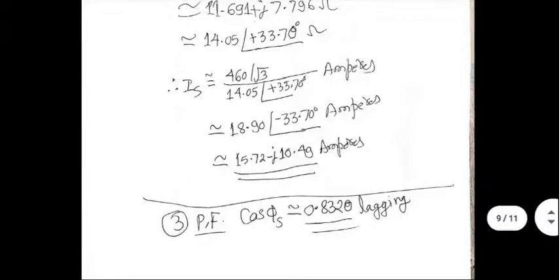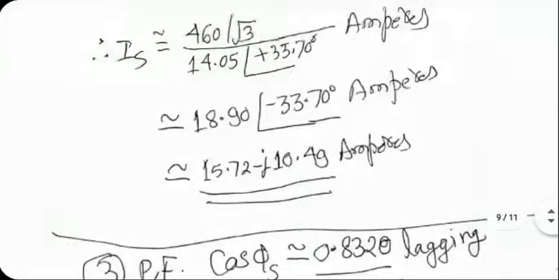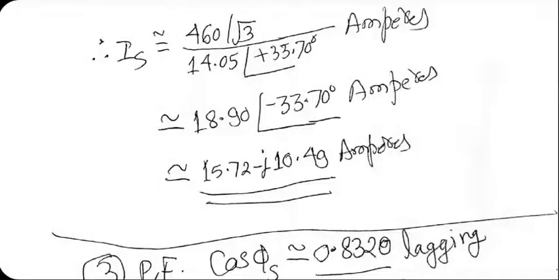It's lagging because there is a minus sign between 15.72 and 10.49. Okay, you can do the tan inverse operation yourself to get the phase angle of IS, which will be a negative value, of course. The power factor will be lagging, and take cos of that angle to get the power factor value.